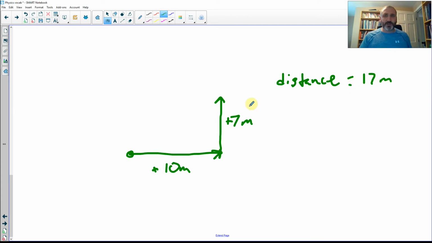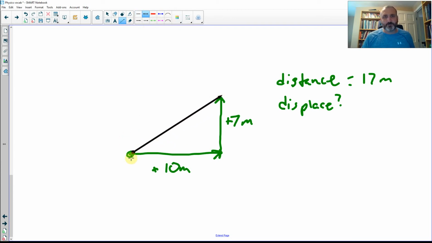But how far did I displace? And to figure that out, I hope you remember a little bit about your math, a little bit of trig. From start to finish is from here, the beginning, to there, the end. And I'm hoping that we did that triangle sheet last week a little bit, and I'm hoping that you remember a little bit about how to solve for this.